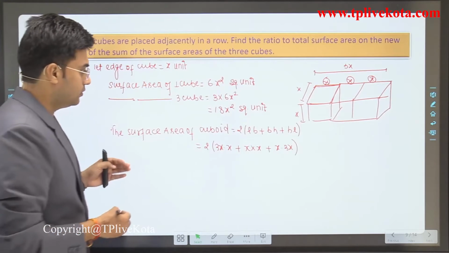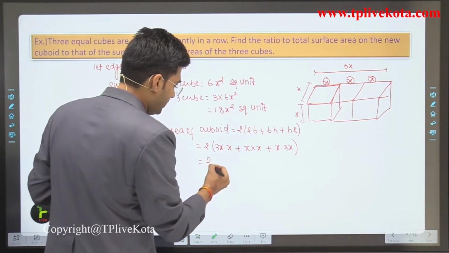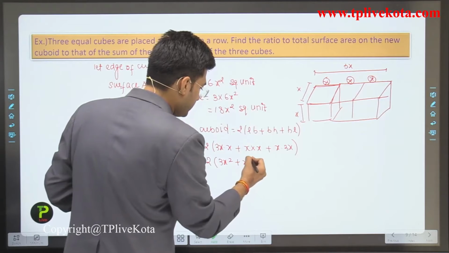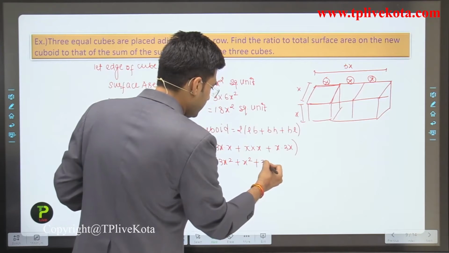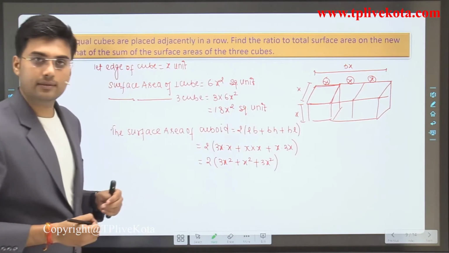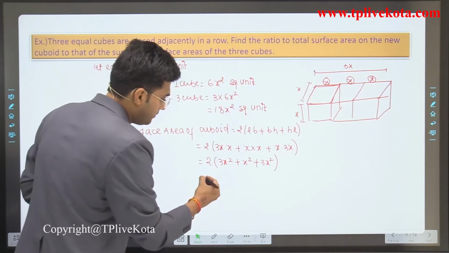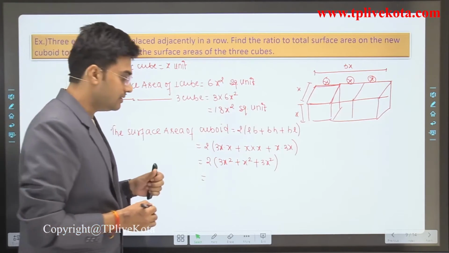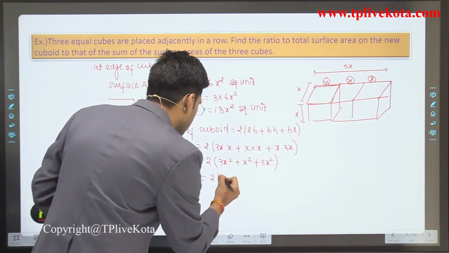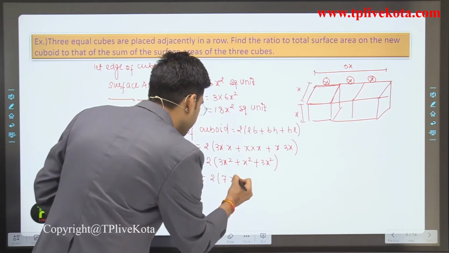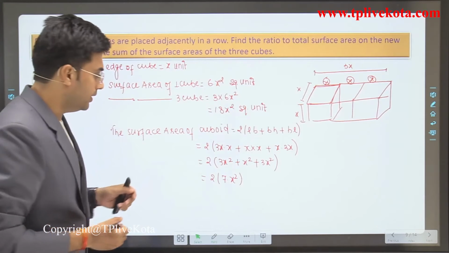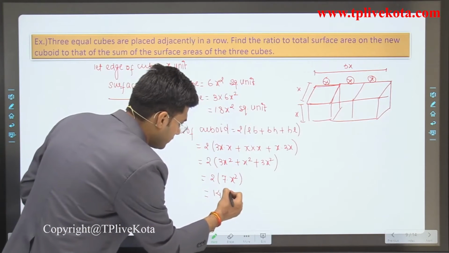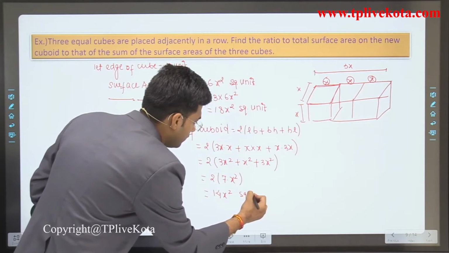Clear? So it is equal to 2 multiplied by 3x square plus x square plus 3x square. Now 3 plus 3 is 6 and 6 plus 1 is 7. So it is equal to 2 multiplied by 7x square, which is 14x square unit.